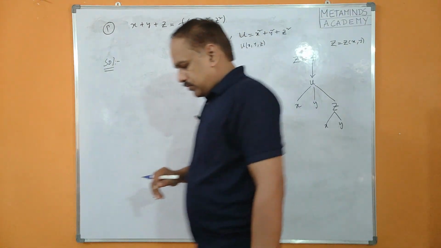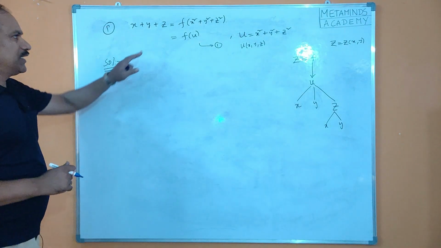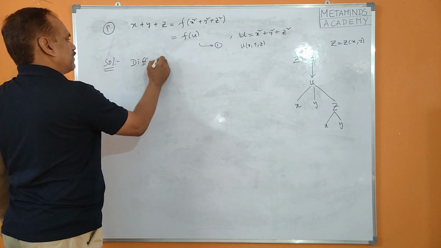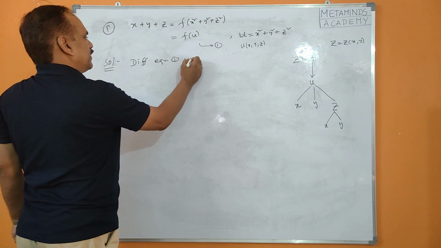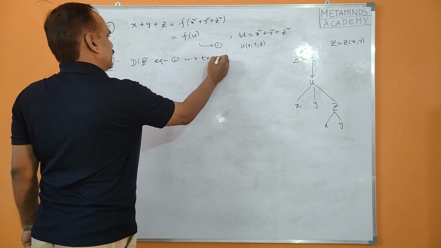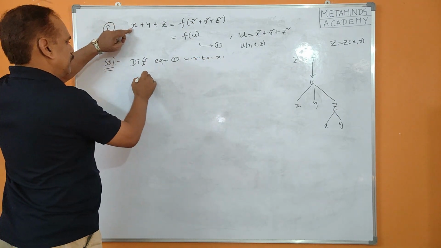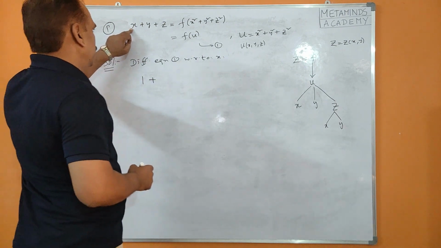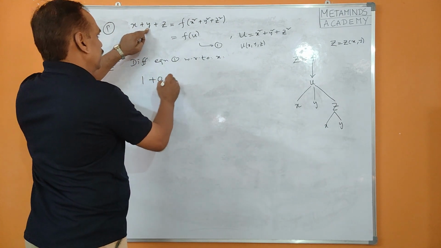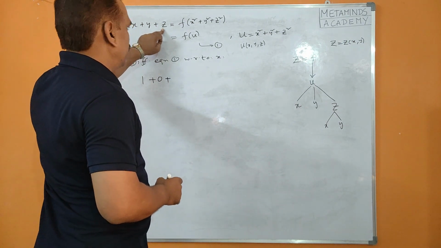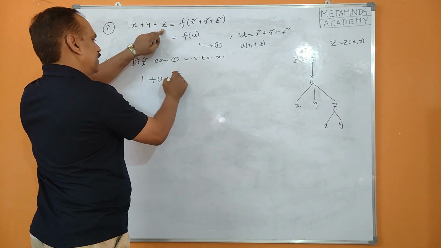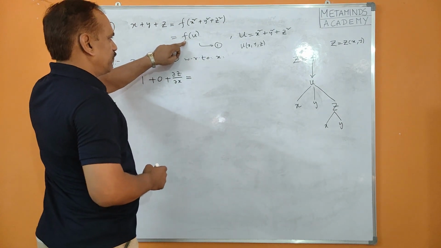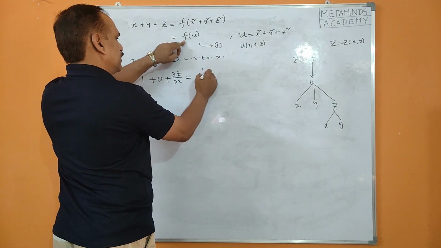Right? So if you differentiate equation 1 with respect to x, it means what? Here the derivative of x is 1. There is no x here, but you have p here because z is a function of x. So dou z by dou x equals the derivative of f of u, f dash u.